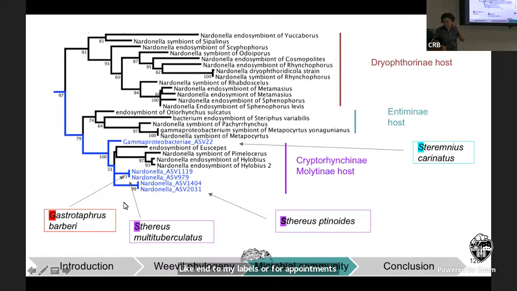Another fun finding was that Gastrotachrus and Starius, their strains of Nardinella, were more closely related to Nardinella hosted by other molotines or other cryptorhamne kinds than to Nardinella that was hosted by Stromius.